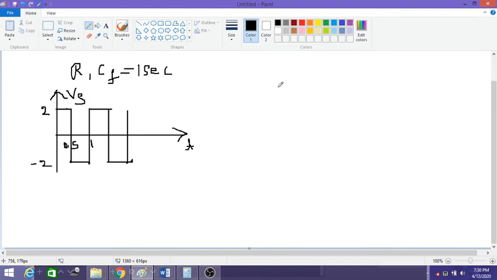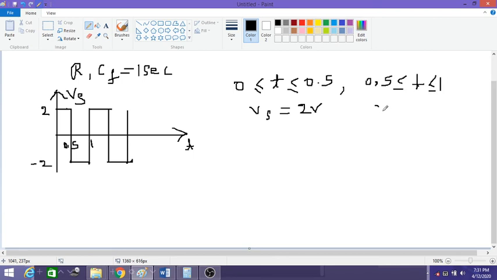Now we have to understand our t. For the case where t ranges from 0 to 0.5 seconds, our Vs is equal to 2 volts, and for 0.5 to 1 second, our Vs is equal to minus 2 volts.